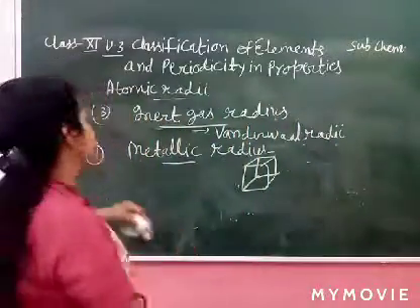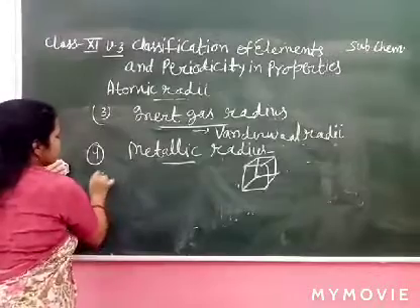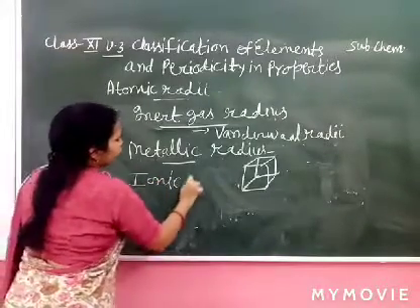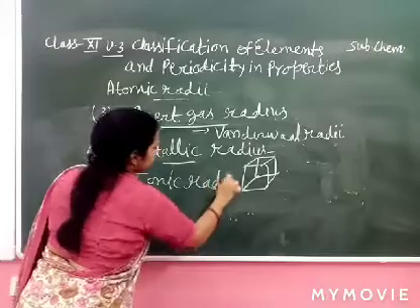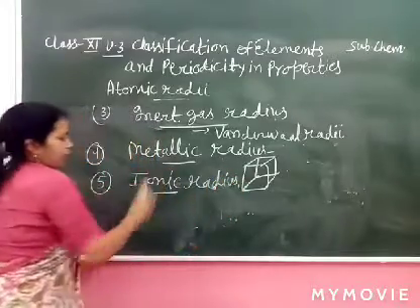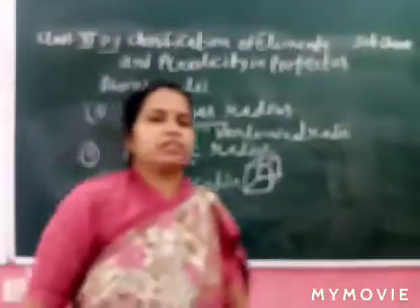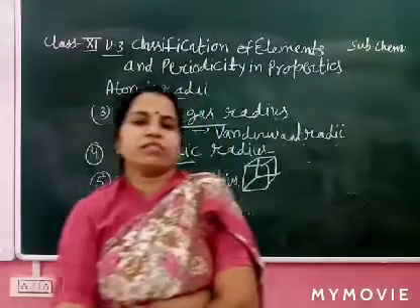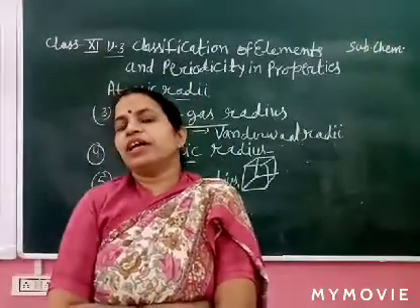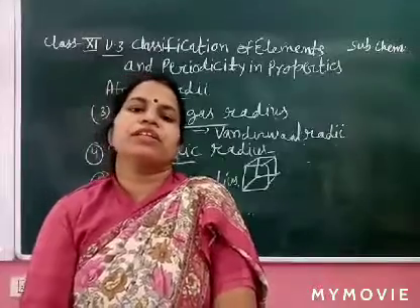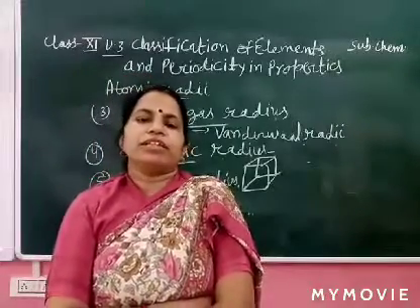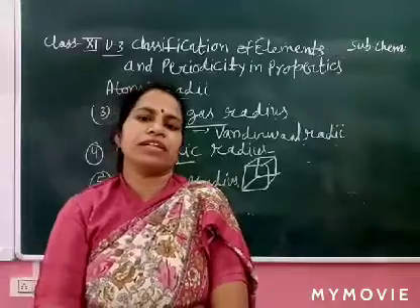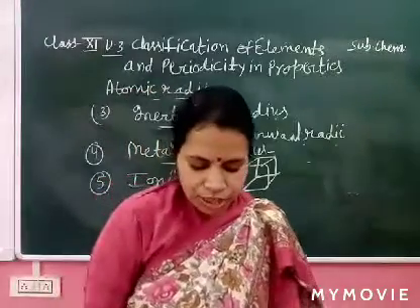Next point, fifth, is ionic radius. Ionic means ions. When any element donates an electron, it forms a positive ion, like metals, generally positive ions. And any element which accepts an electron acquires a negative charge, called an anion. So what is the ionic radii?